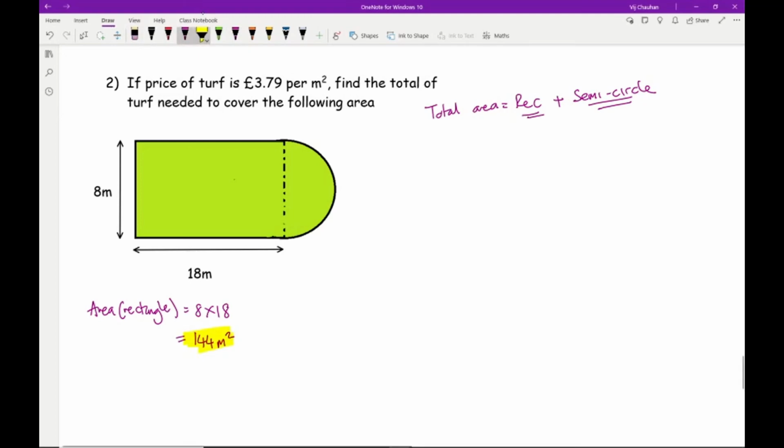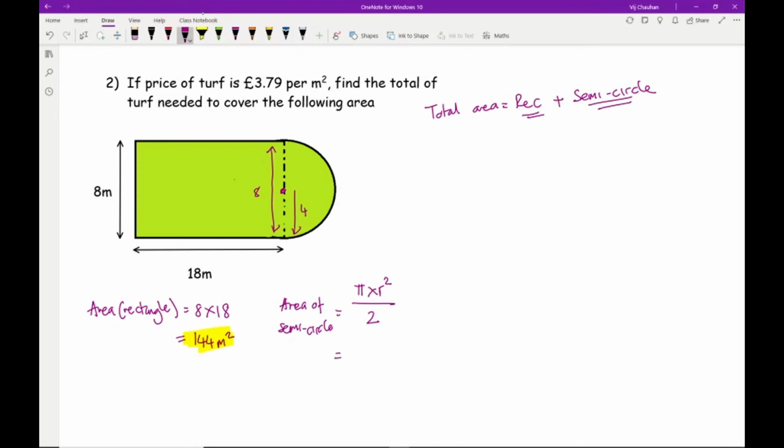I then need to work out the area of the semicircle. Now if you remember with regards to the area of a semicircle formula, that's the area of a full circle, so it's pi times r squared, divided by 2. So the radius of this, although it's not explicitly told, we know that this side here is 8, which means that the radius is therefore going to be 4.